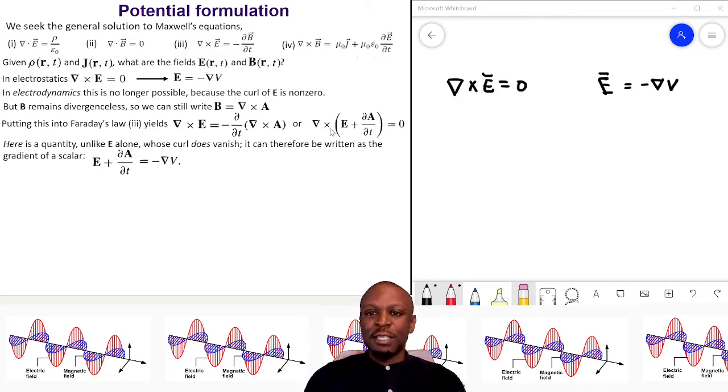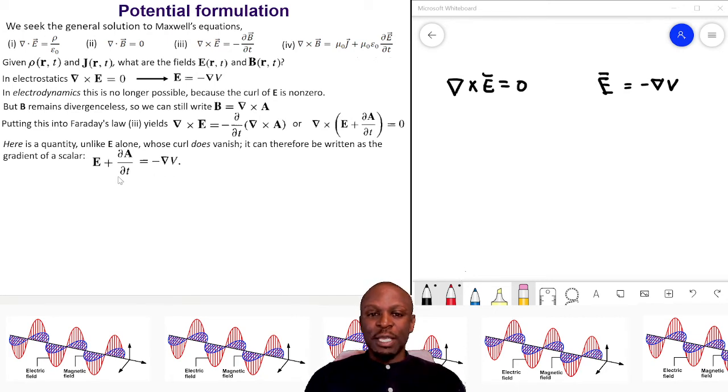Even in this equation here, the curl of everything here is 0. Therefore I can write this as a negative gradient of a certain scalar potential. Right, this is what I am actually doing.